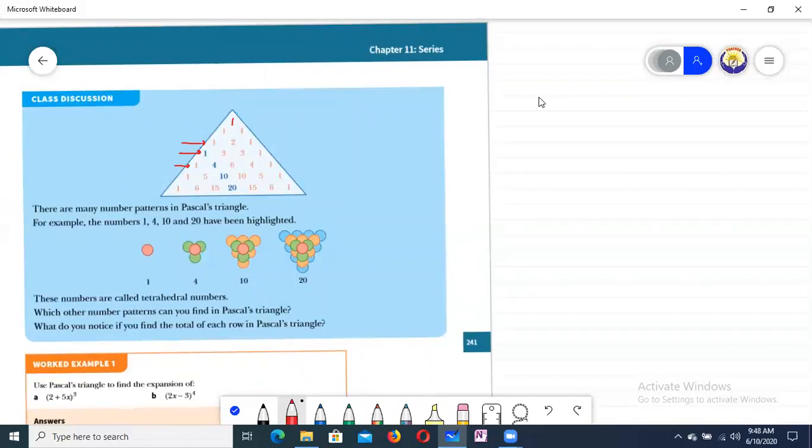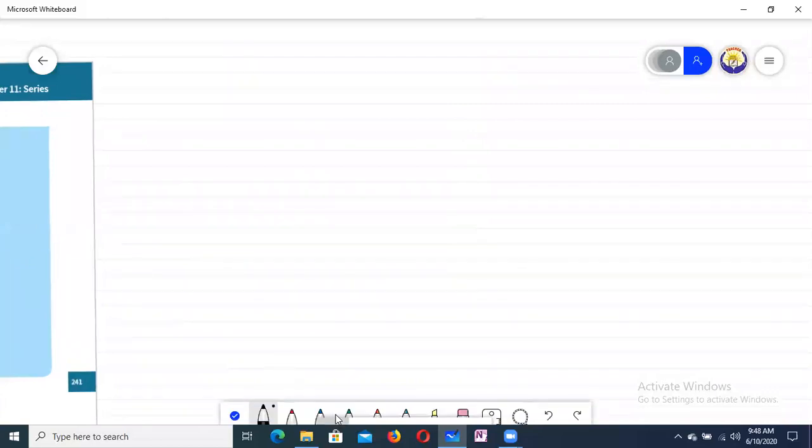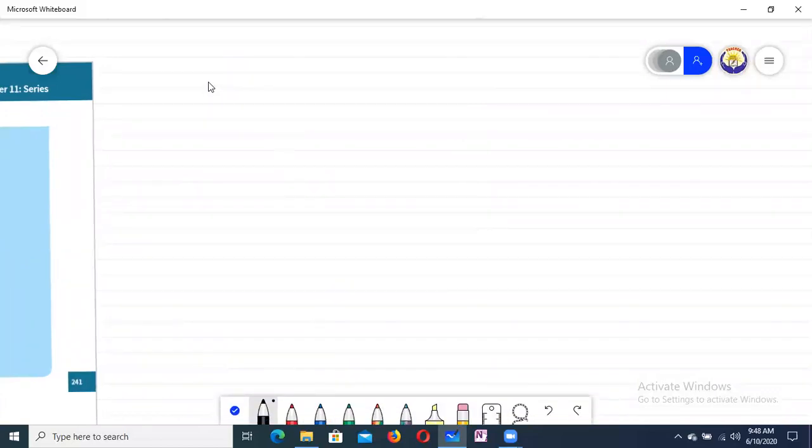Now, the question here is, when (a+b) raised to the power n is there, then what will we do? That I will explain here. You studied this, that (a+b) raised to the power 1, or (a+b) squared, or (a+b) whole cube.